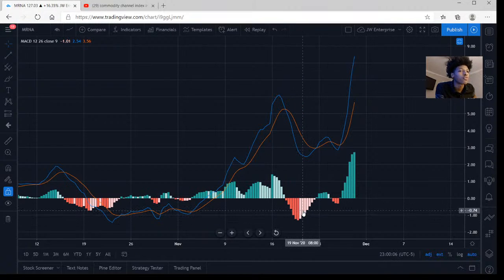And then we have momentum for it to go back up, because the momentum for it to go down is less, because we're having a lighter red bar. That's what a lighter red bar is.